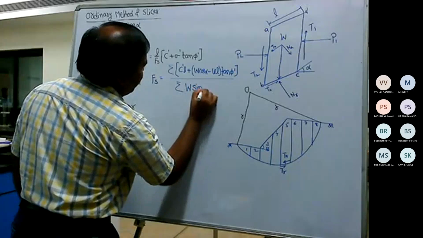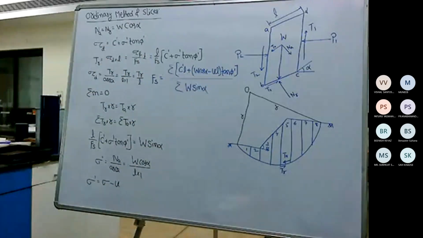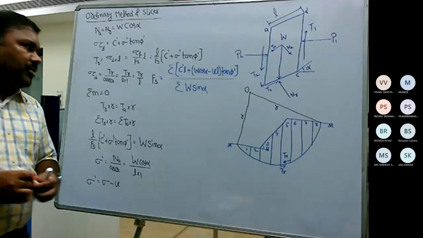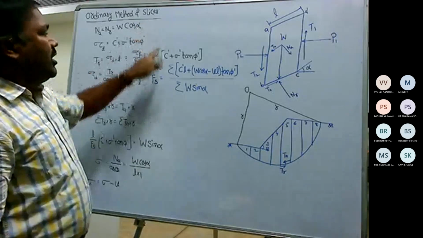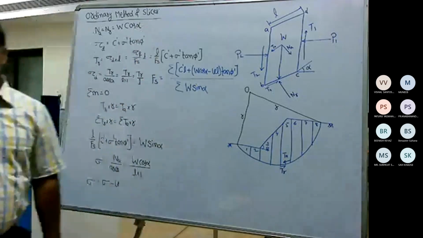This is the final form of the equation to determine the factor of safety by the ordinary method of slices.